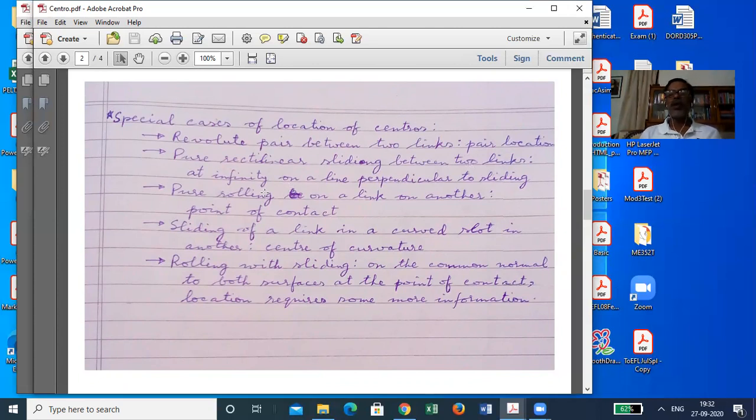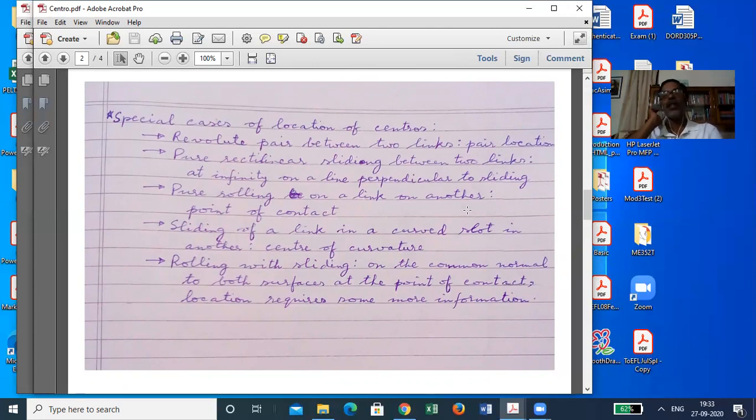If there is pure rolling of one link on another, then that point of contact of the pure rolling has no sliding, because it is pure rolling. So that is the point which has the same relative linear motion between them, the same motion as the point on link i and on link j.